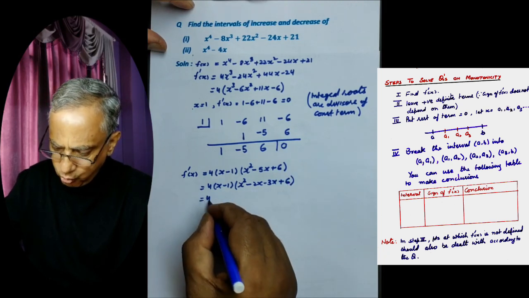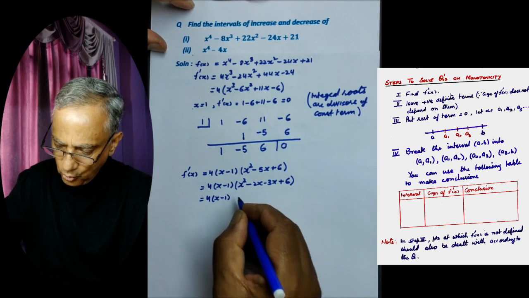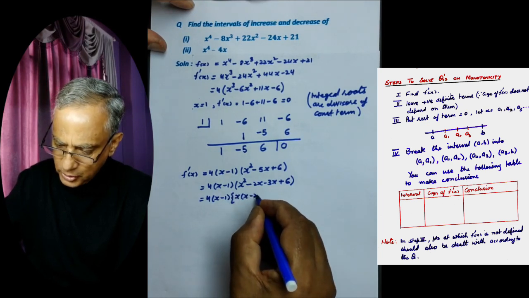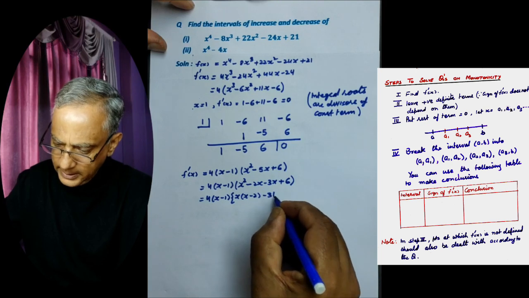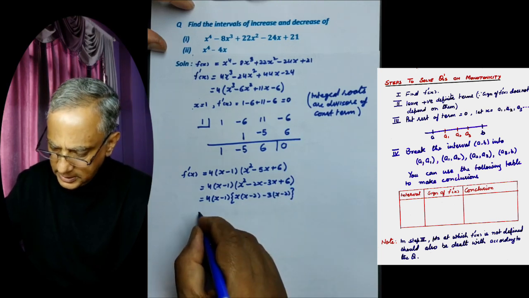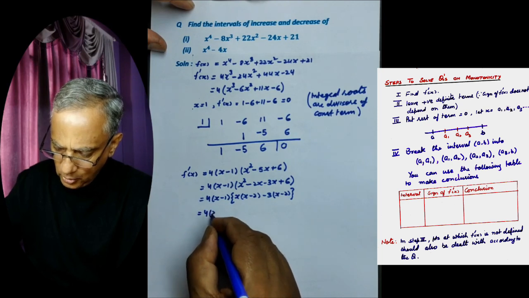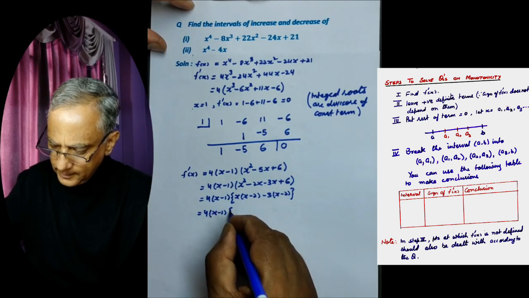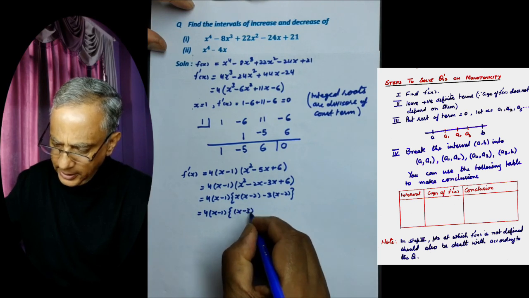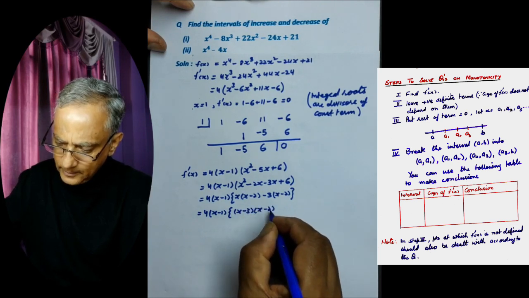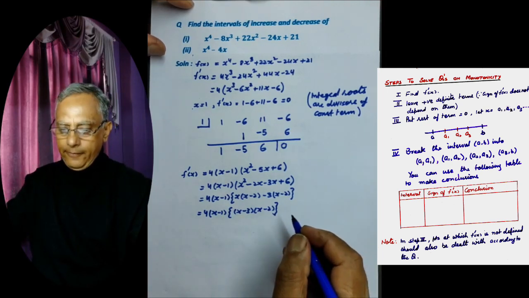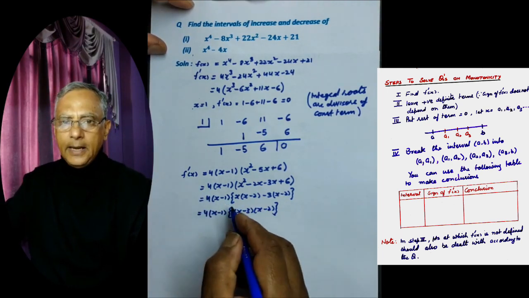This is equal to 4 into x minus 1 into x is common, x minus 2 minus 3 is common, x minus 2. So this is equal to 4 into x minus 1 into, this is one of the factors, x minus 3 into x minus 2. So these are the factors of f dash x.